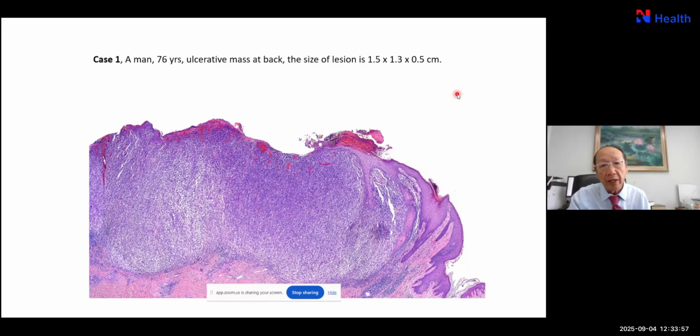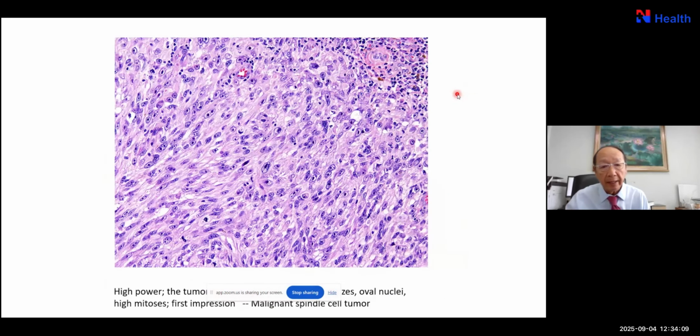Okay, when we're dealing with tumor like this, we scan at the various magnification to get the characteristic. And this is mainly spindle cell tumor. It has high mitosis, and we cannot get much from this power.